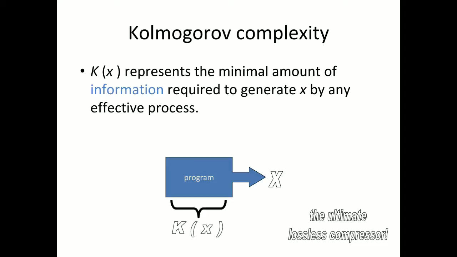It's the amount of information embedded. If you could compress it losslessly in the most ultimate way, you can't compress it any further. That would be the amount of information in that object, in x. Right? And the program k would generate x, and the Kolmogorov complexity would just be the size of that program.